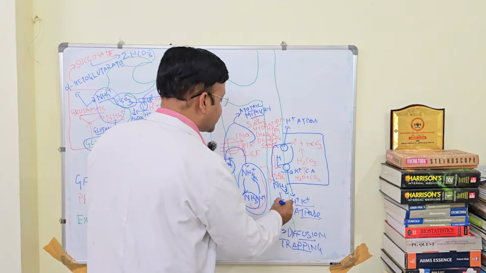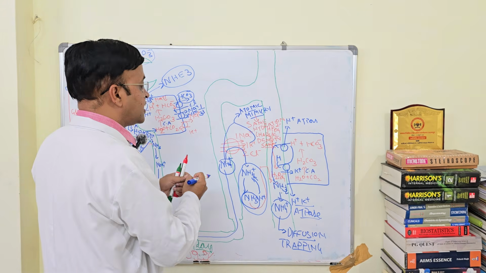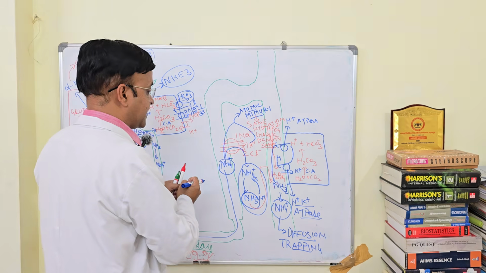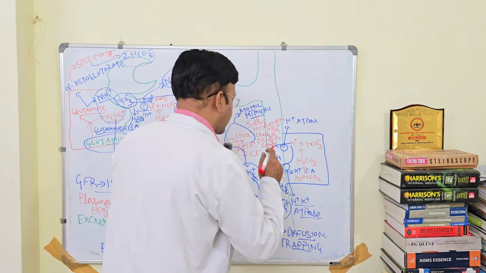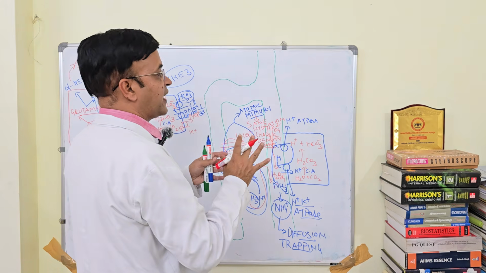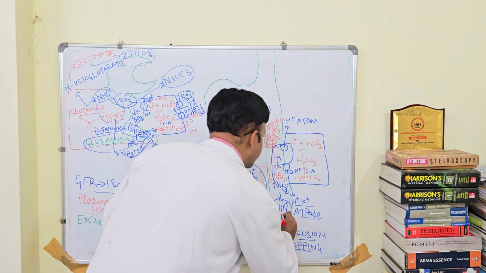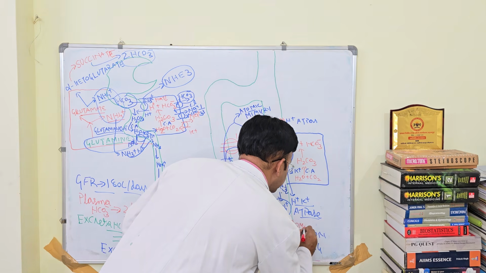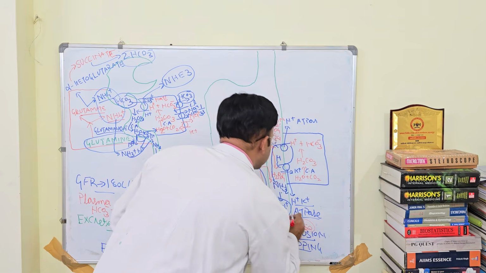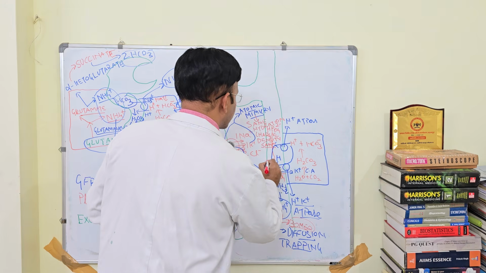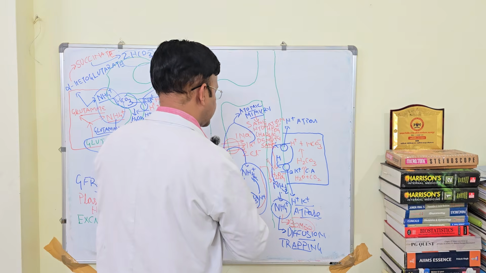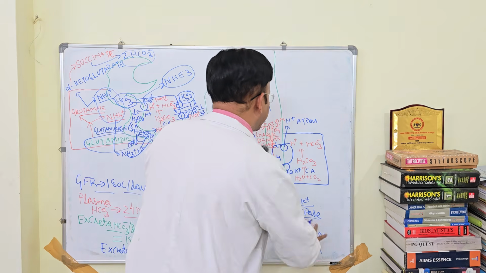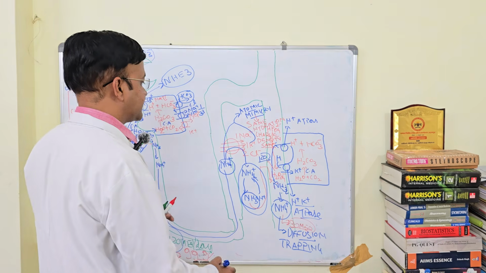This NH3 reabsorption of H plus is more dominant in managing our acidosis, right? Roughly 50 milliequivalents of acid is excreted out of the body, out of which 30 is absorbed by your NH4 and 20 is absorbed by your H2PO4, right? So total 50 milliequivalents is excreted out, right?